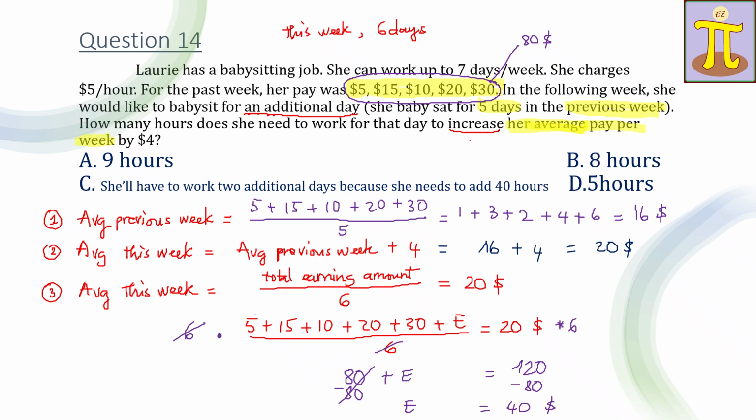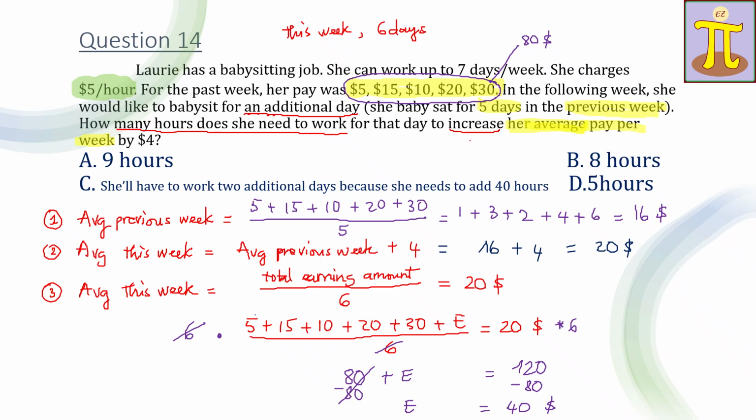But they are not asking for how many dollars she earned, but they are asking for how many hours she needs to work. So this is the money she will earn. Here is the raise. She will have to work how many hours at $5 per hour to gain $40?